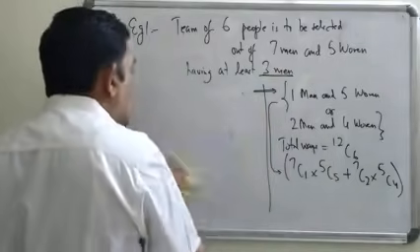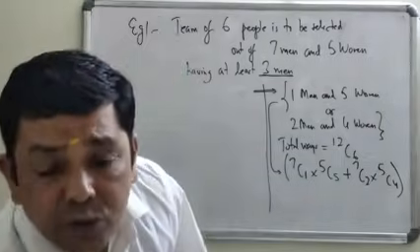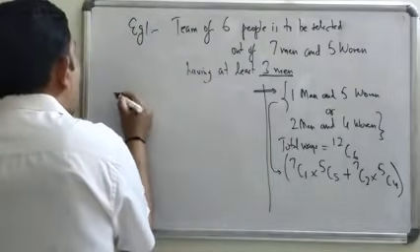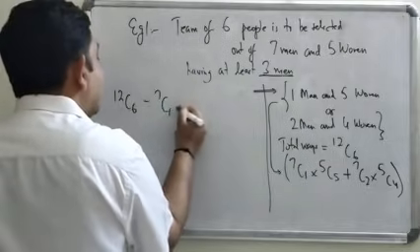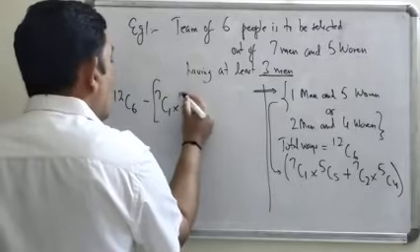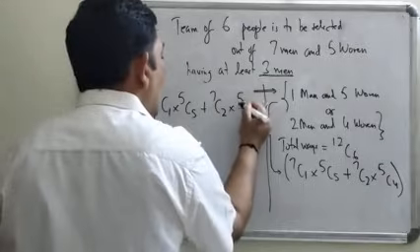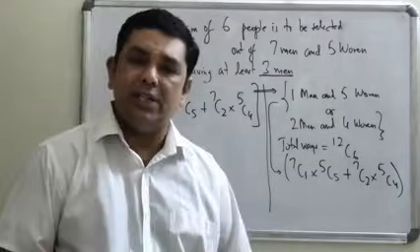So is the complement a better approach? Absolutely, in this case, and that is what you have to realize as a student. So we have 12C6 minus 7C1 into 5C5, or 7C2 into 5C4. This is going to be my final answer.